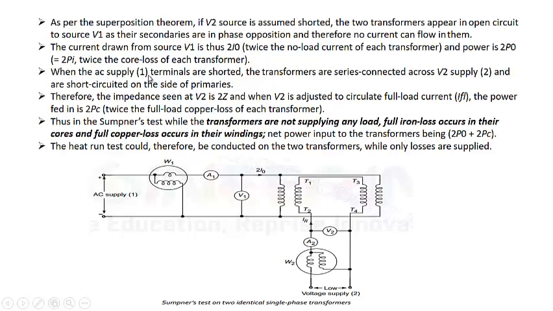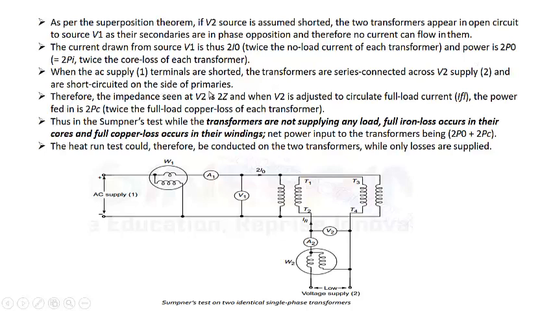When the AC supply 1 is short circuited and we are calculating the effect of this voltage, the transformers are connected in series across V2. This V2 will be applied to the series connection of this secondary and this secondary, and the primaries are short circuited.